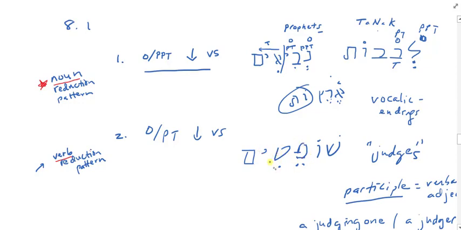It's going to slide over and go with this hireq yod because that's a vowel. Where's my tone? It's going to be on the final syllable. Shofetim. The pe is going to be open and pretonic, right? This is a situation where the open pretonic syllable now will want to reduce to vocal shava. And I've got a sere here, which is a changeable vowel. So what will that become?